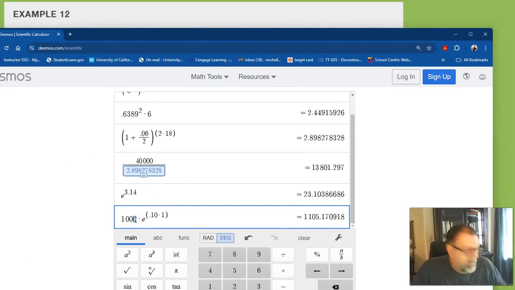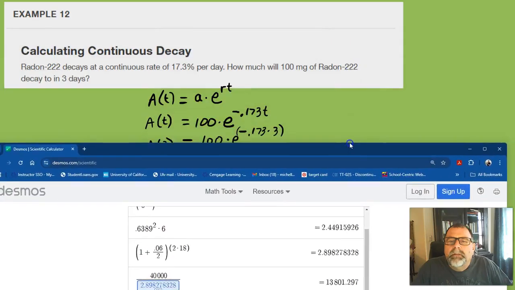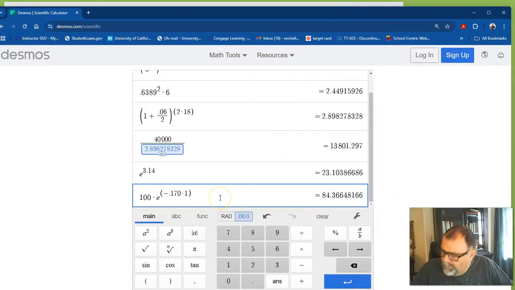So we had 100 milligrams e to the, oh, don't forget the negative, negative 0.173 times 3 days. That's the other nice thing with Desmos. If you leave stuff in your calculator, then you can kind of use it. So 100 times e to the negative 0.173 times 3, so it'll be 59.51.